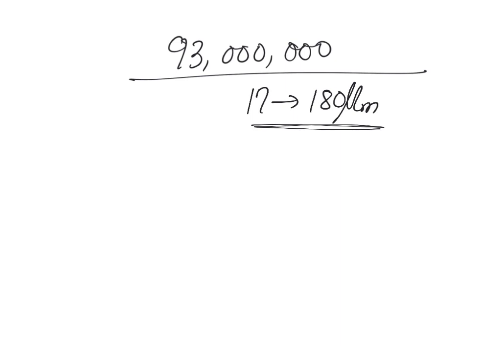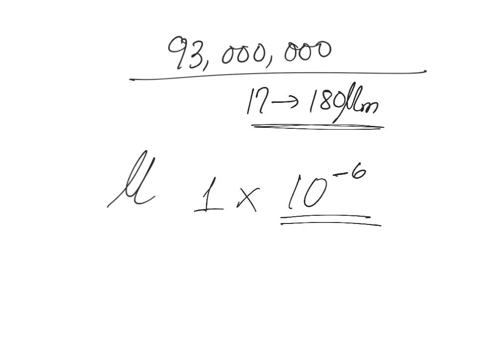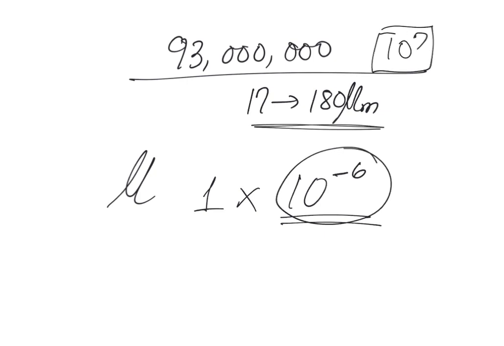But if you wanted to write something in the micro range, which would be 10 to the negative 6th, you would notice that we put that negative there when we're dealing with small numbers, right? So if I had 1 times 10 to the negative 6th, that's 1 micrometer. And so we keep that in perspective: there's times where we have negatives and there's times where we'll have positives, like in this case where we had 10 to the 7th power.